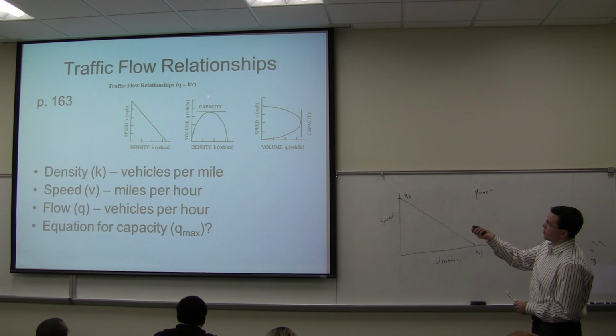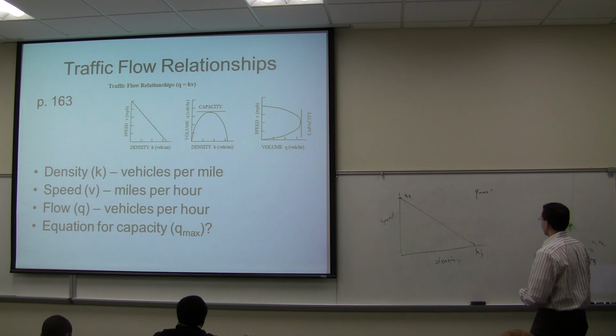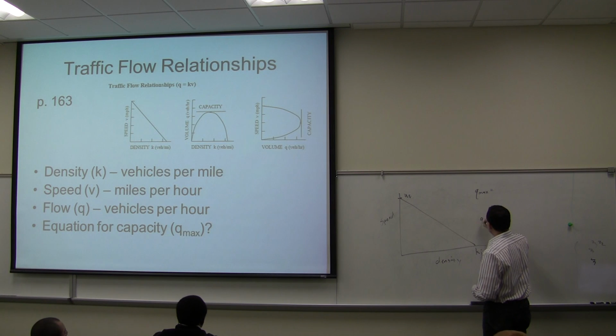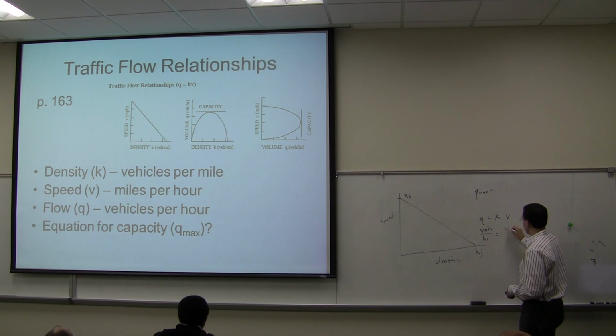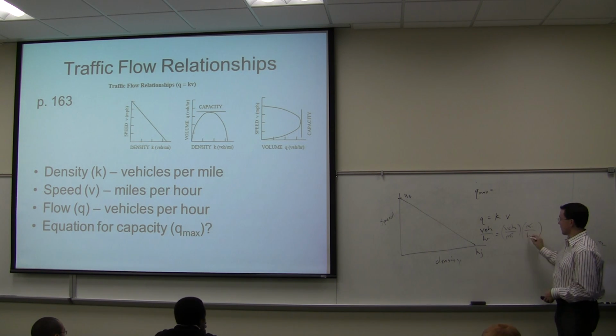Hidden up here is the basic equation: flow rate equals density times speed. Q equals K V. Flow rate is in vehicles per hour, density is vehicles per mile, and speed is miles per hour, so the miles cancel and we're left with vehicles per hour.